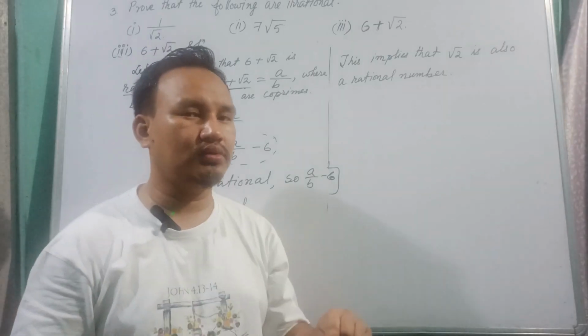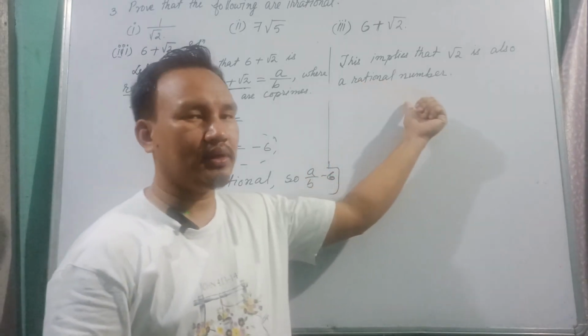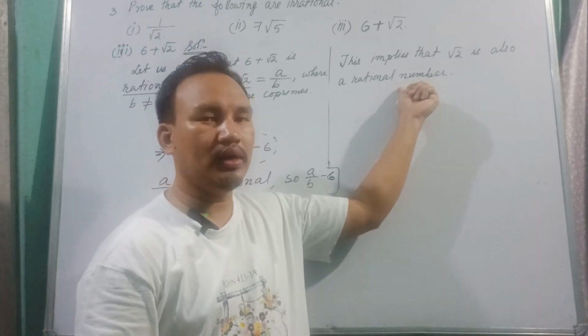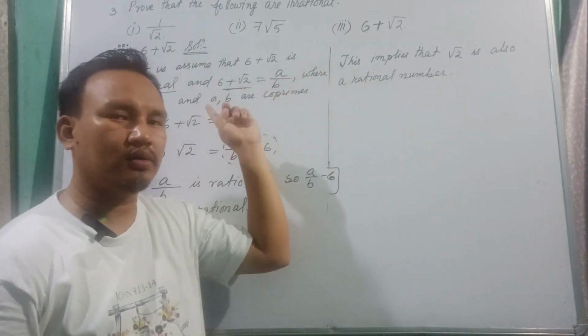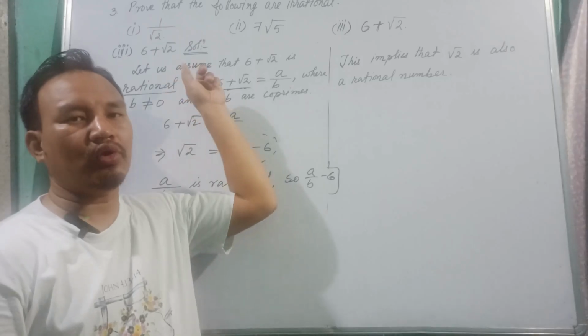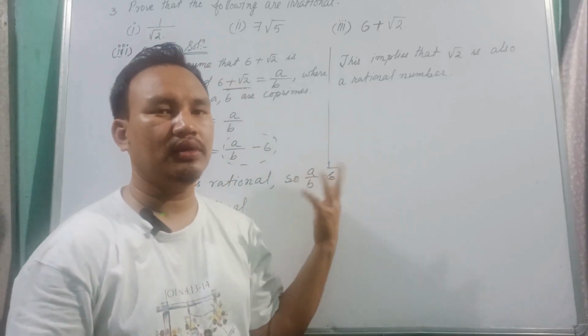The truth is that it is irrational, but because we did it this way, we got a rational number, and we are wrong. Since we are wrong here, that means we are wrong from the start. Where did we start? By assuming that it is rational. So we are wrong here itself; it should be irrational.